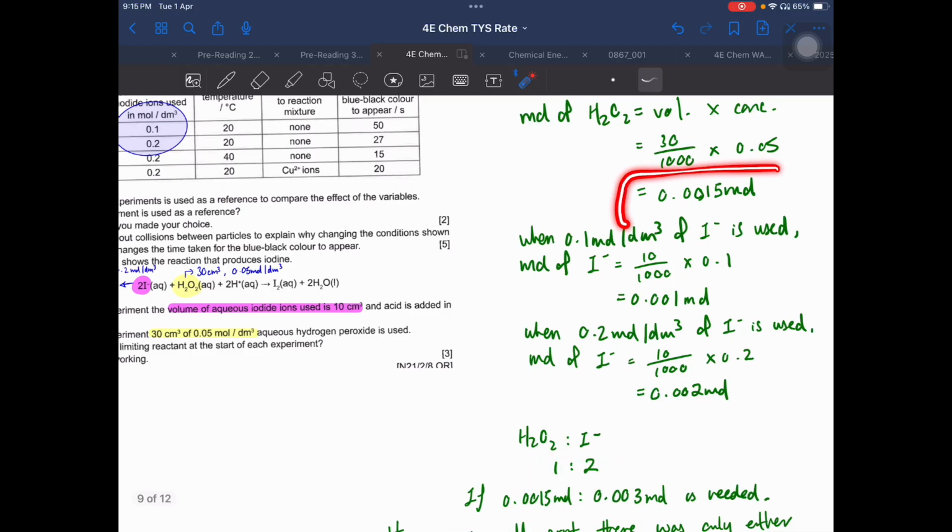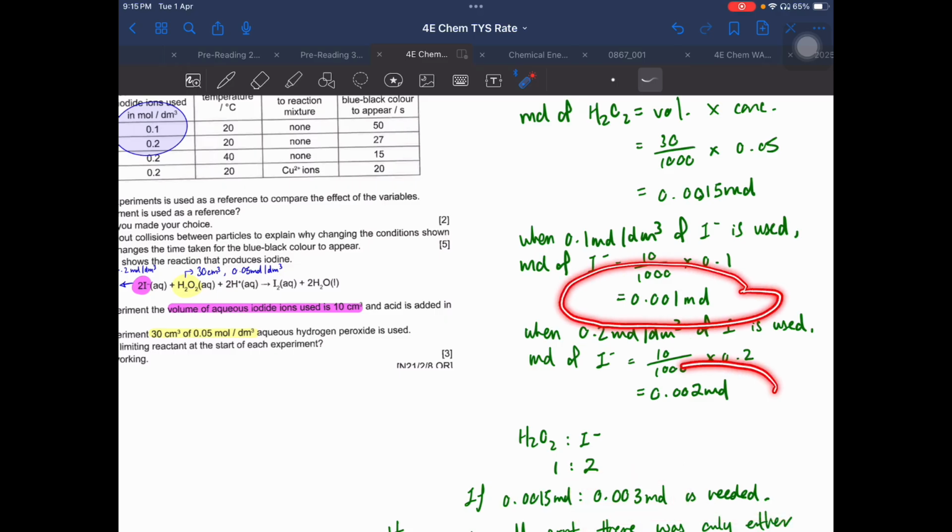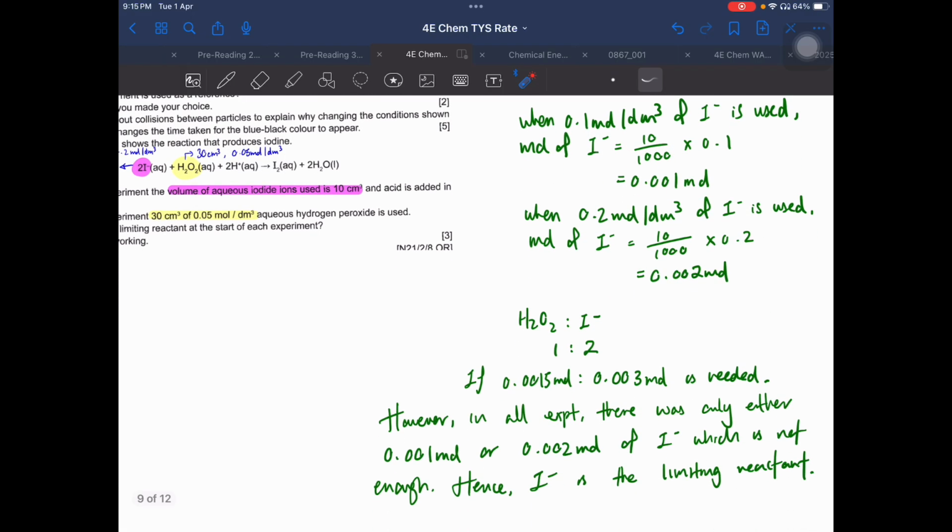But hey, take a look, at the start you only have either 0.001 or 0.002, which is definitely not enough to meet the 0.003. And that's why we can say that because there was only either 0.001 or 0.002, which is not enough, hence iodide is the limiting reactant.